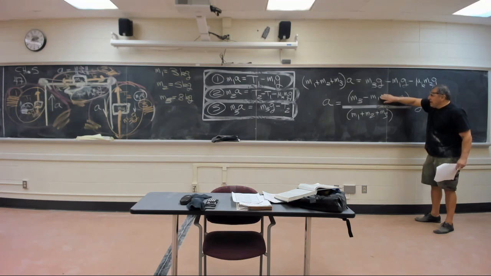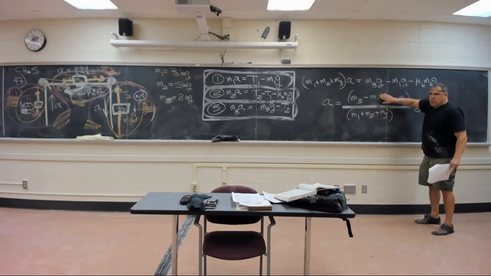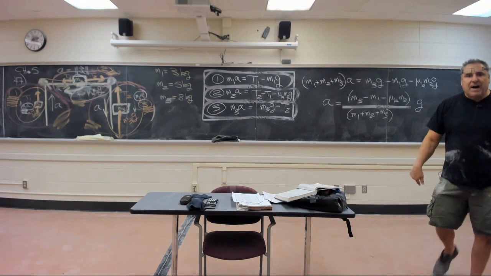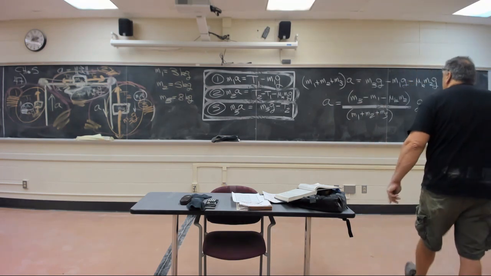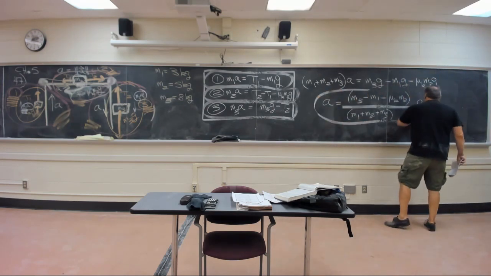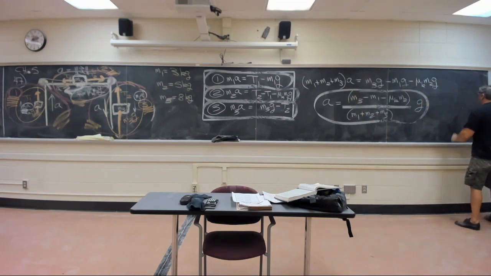M3 minus M1, the quantity M3 minus M1 over the quantity M1 plus M2 plus M3, that ratio multiplied by G will give you the 3.0625. Not now it won't. That's a smaller number on the bottom. That's a smaller number as a result. If that's a smaller number, you could say, hey, wait a minute, Malus.